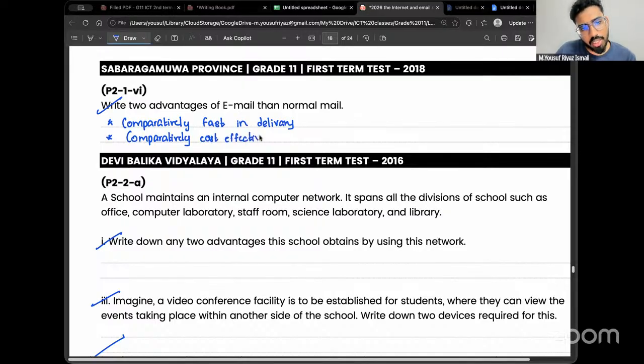And another thing you can say is that it's easy to send and receive a message.